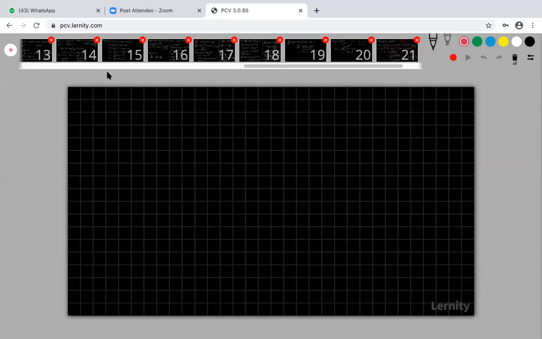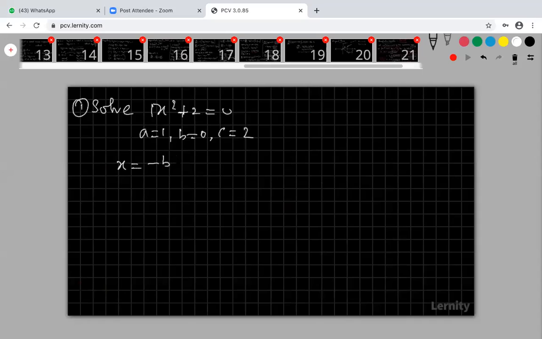Okay, now come to the question. Solve x square plus 2 equal to 0. What are my a, b, c here? a is equal to 1, b is equal to 0, c is equal to 2. What is my formula? x is equal to minus b plus or minus root of b square minus 4ac, divided by 2a.